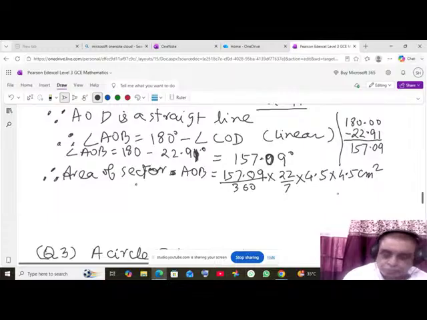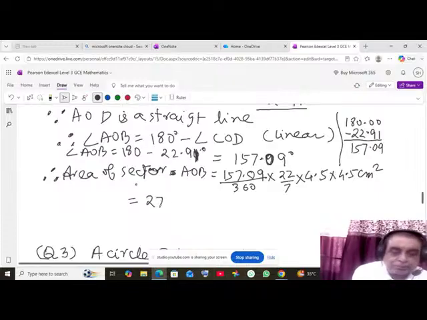I am using the calculator for finding out the value of this. 157.09, you multiply it with 22. Then you multiply it with 4.5, again with 4.5. That answer you divide by 360 first, then you further divide it by 7. Here the figure is coming 27.771.